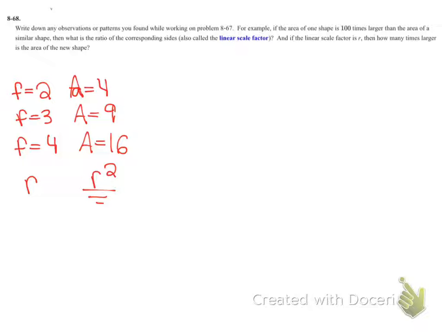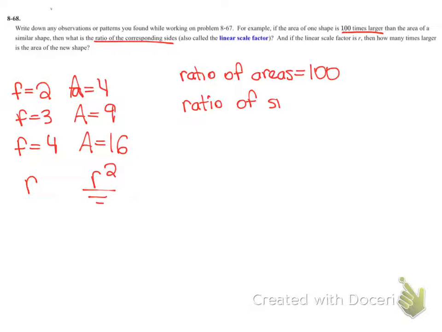It says, for example, if the area of one shape is 100 times larger than the area of a similar shape, then what is the ratio of the sides? So we know that the ratio of the areas, it gave us that in the problem, that's 100. If we wanted to find the ratio of the sides, we want to think about how to do that.